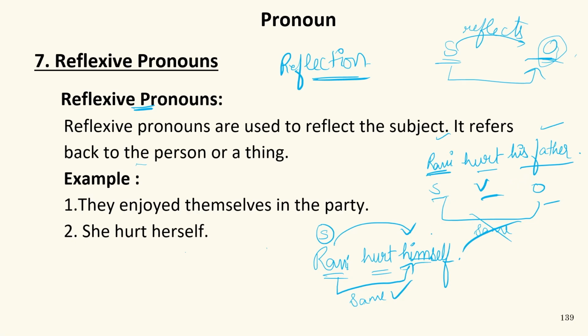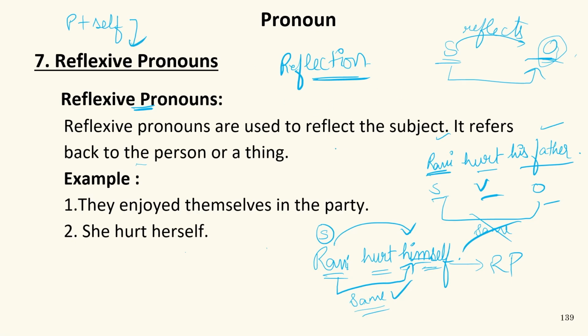It means him can be someone else. But if I write himself, it shows that these two persons are the same, and Ravi is hurting himself only. So this himself is called a reflexive pronoun. So whenever we add the word self with the pronoun, it becomes a reflexive pronoun.